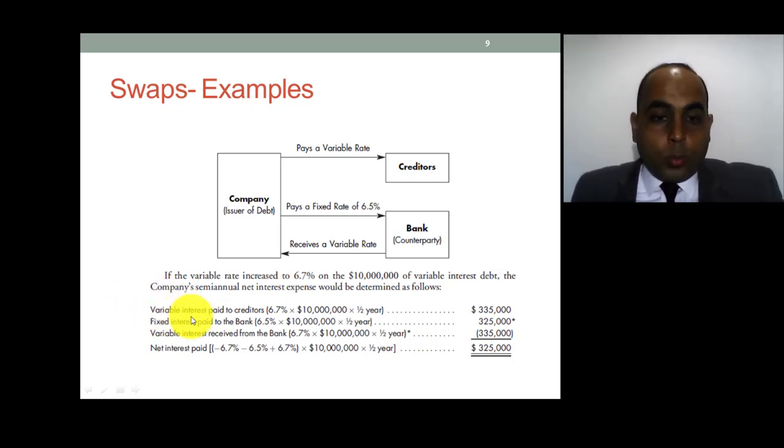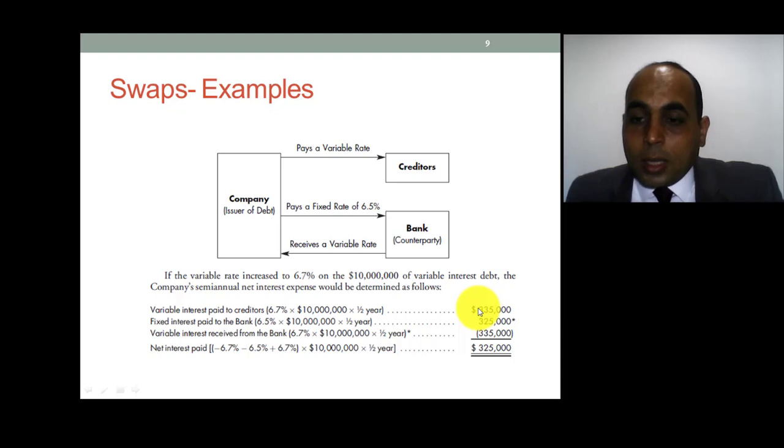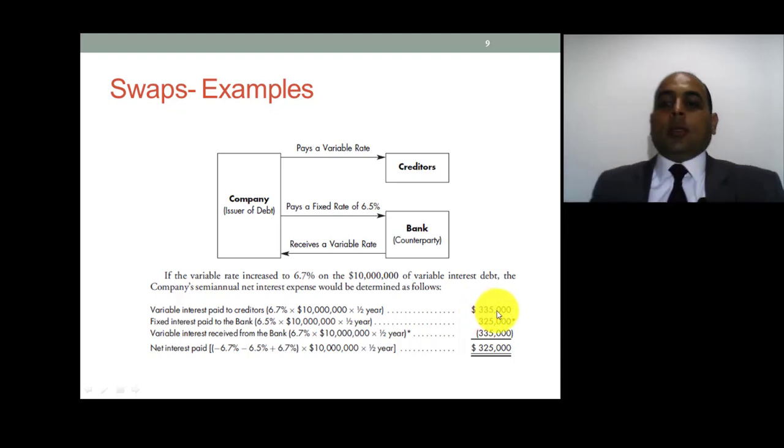As we borrowed, we will pay to the creditors $10 million multiplied by the variable interest rate that we agreed to pay, 6.7% for 6 months. So the variable interest paid to creditors is $335,000.